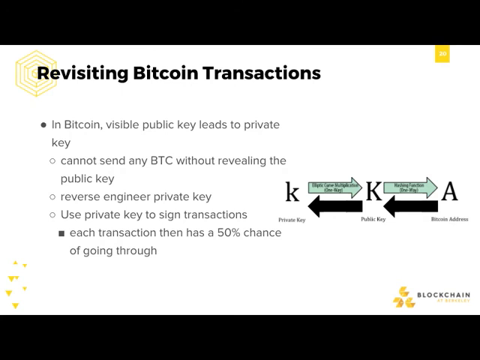Just revisiting Bitcoin transactions. In Bitcoin, once quantum computing is out, a visible public key would be able to be reversed into a private key. Assume Bob sends Alice a certain amount of Bitcoin from his wallet. As soon as he broadcasts that transaction, his public key is out and open to the world.